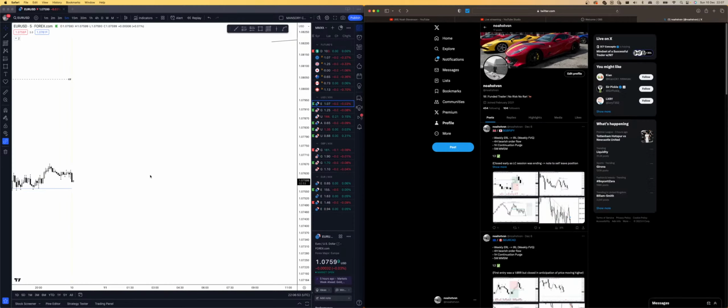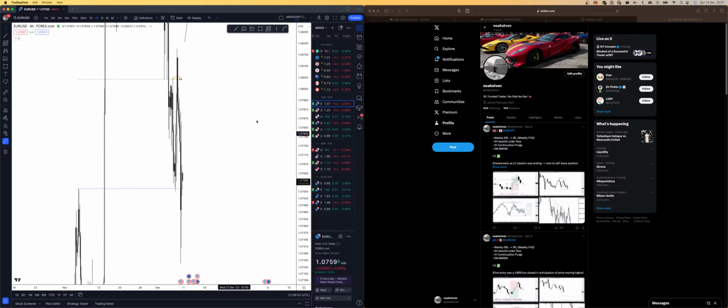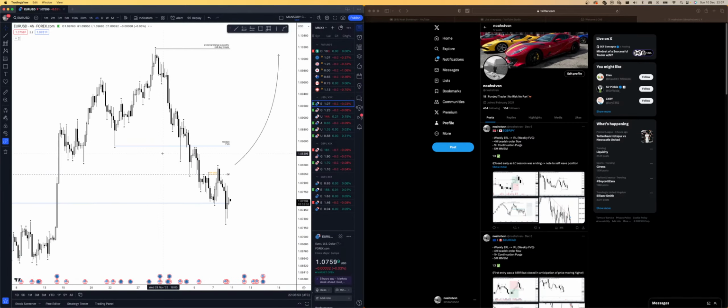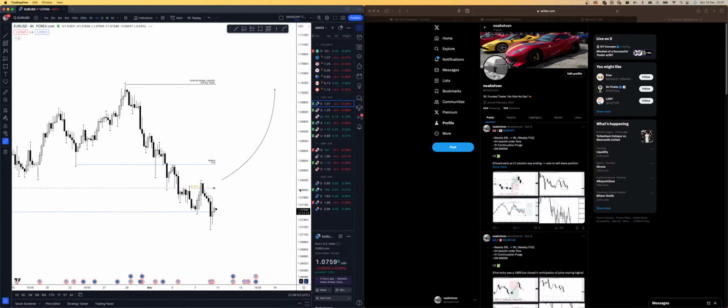Okay, so let me pull this back and I'll put this in 4 hour. So pretty much how I trade is obviously market maker models, but I trade it a little bit differently. So a lot of people go like daily time frame, then hourly, then 5 minute, right?